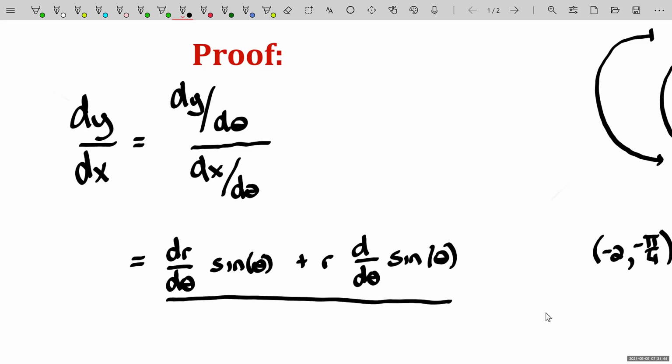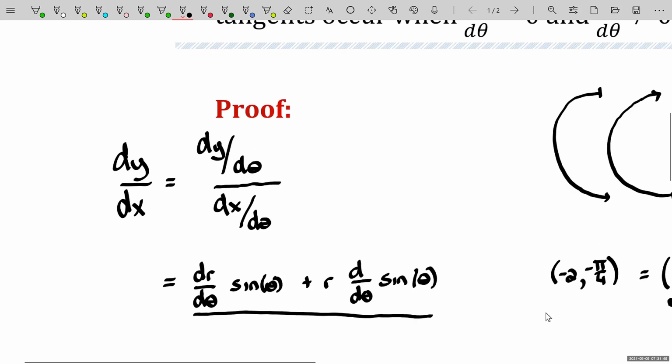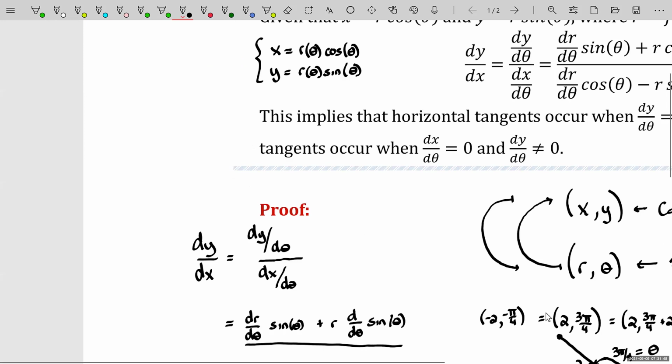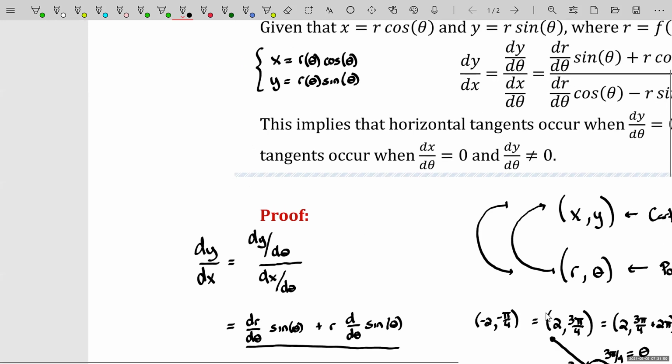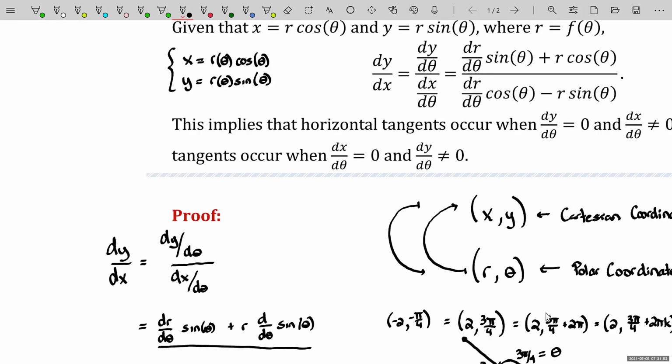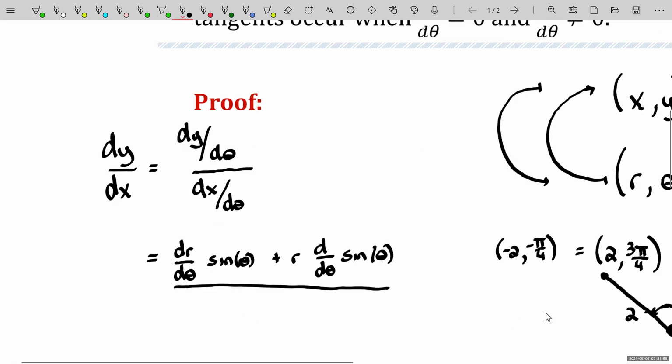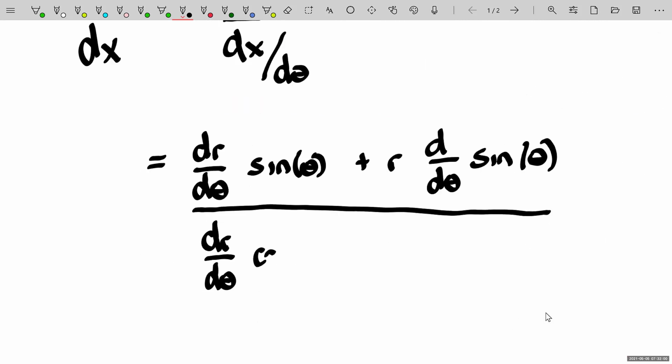Same thing in the denominator. The denominator is dx d theta, and we know that x is r of theta cosine of theta. So let's go ahead and use the product rule there. We'll take the derivative of the first, dr d theta, times the second, plus the first times the derivative of the second.